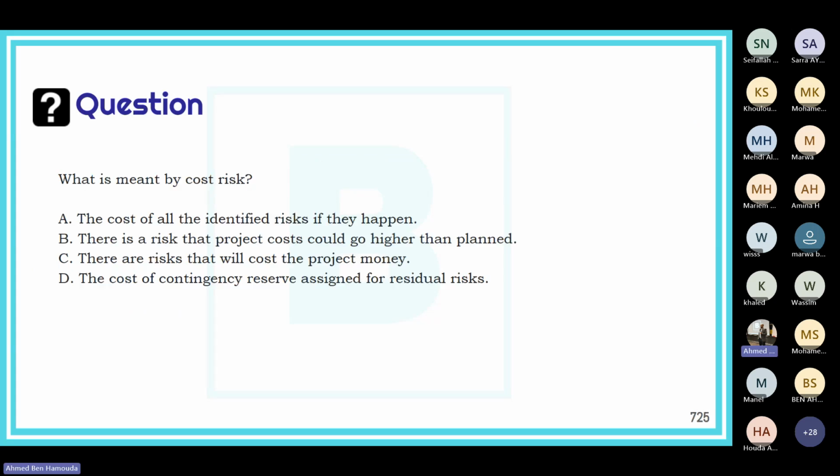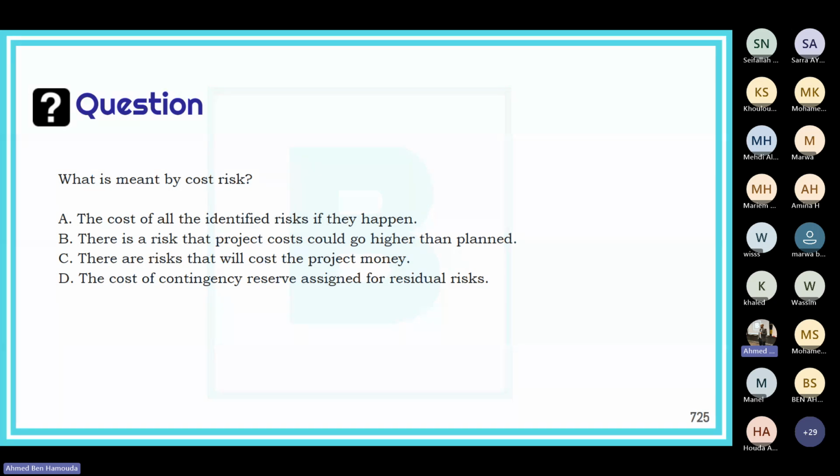What is meant by cost risk? Is it the cost of all the identified risks if they happen? Does it mean there is a risk that the project cost could go higher than planned? Does it mean there are risks that will cost the project more money? Or is it the cost of contingency reserve assigned for residual risks?